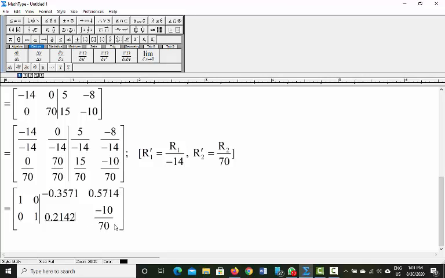Remember, you need to write up to 4 decimal points. Here 0 and 0 will cancel each other out, so we will have minus 1 by 7. Minus 1 divided by 7 is minus 0.1428.